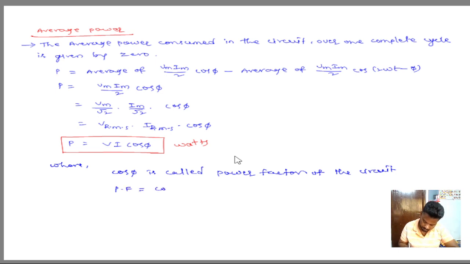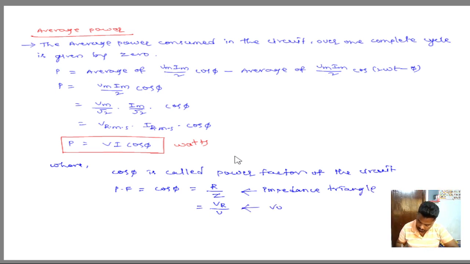Cos phi is equal to R by Z, from the impedance triangle, or VR by V, from the voltage triangle.